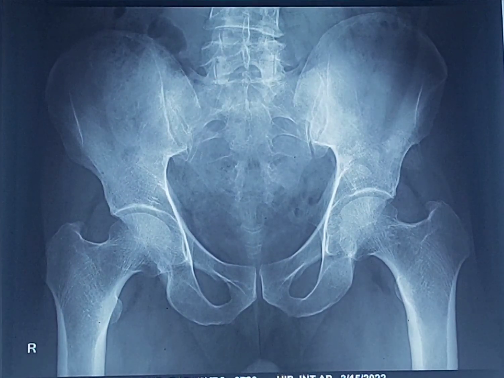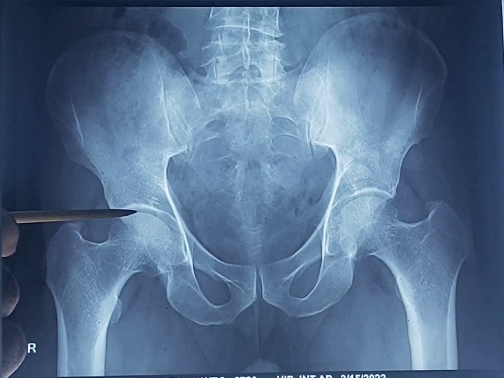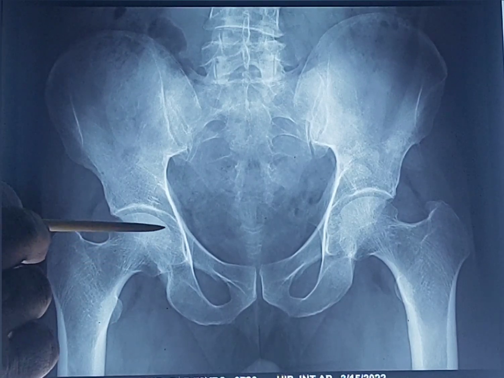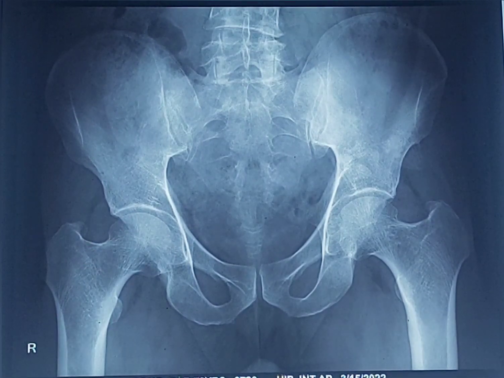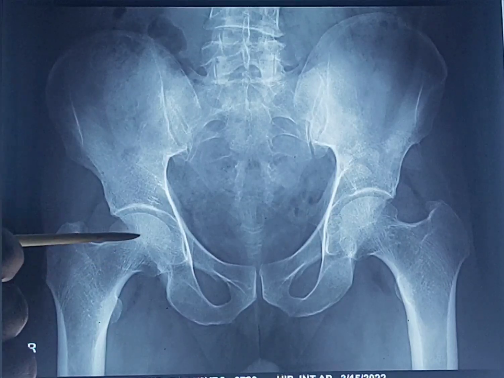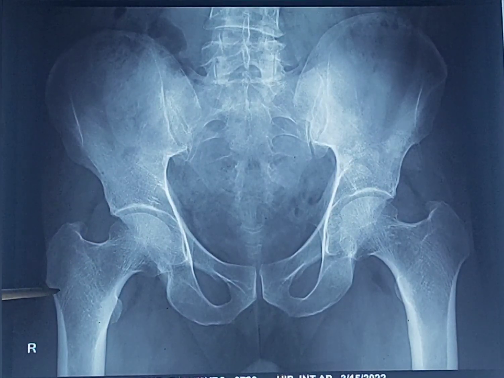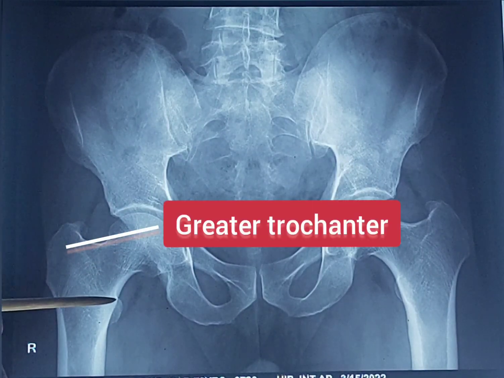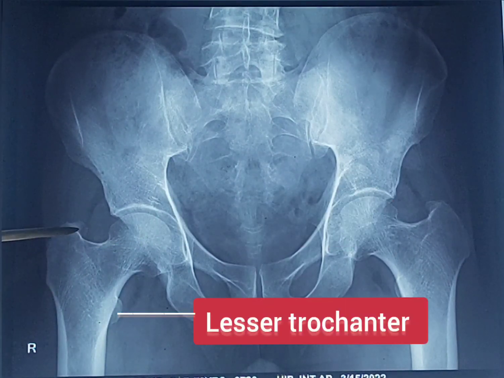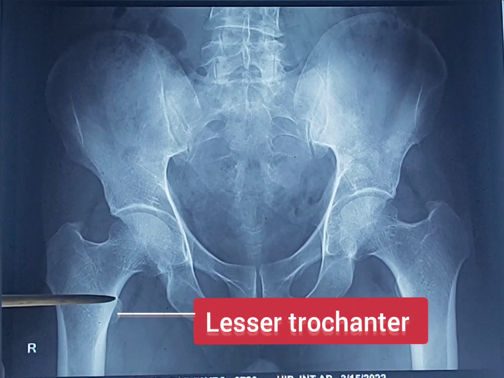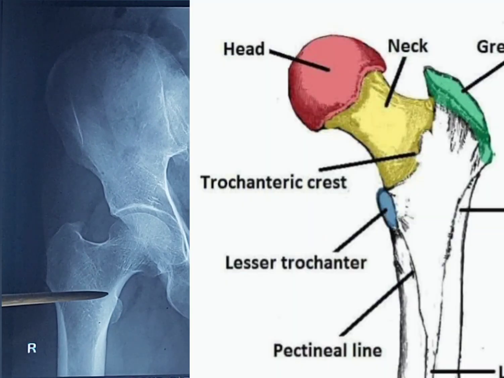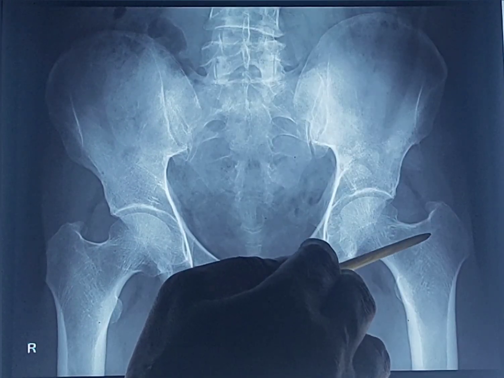Then come to the femur. Here is the head, the globular part. Then it is the neck, this is the greater trochanter, this projection, and the smaller projection is called the lesser trochanter. In between these two trochanters, posteriorly there is the intertrochanteric crest.